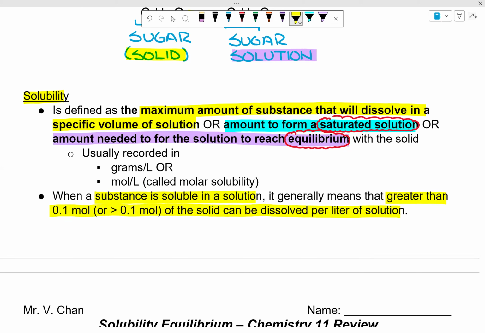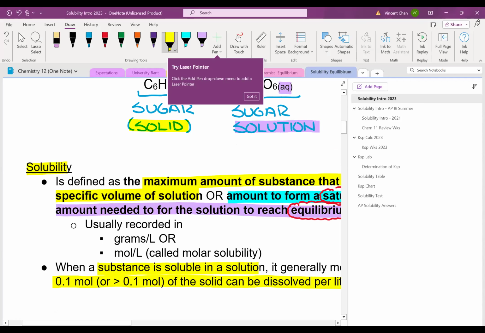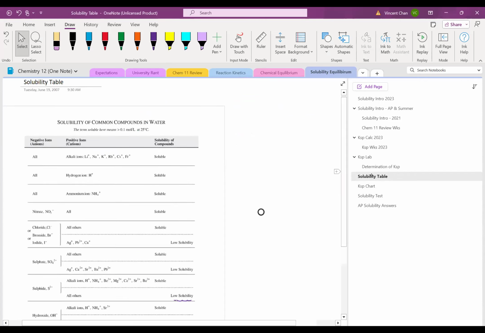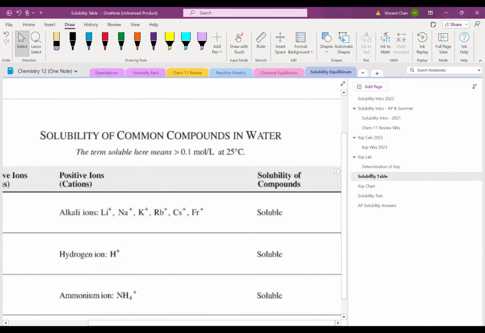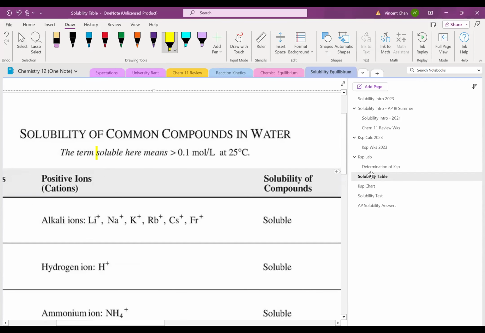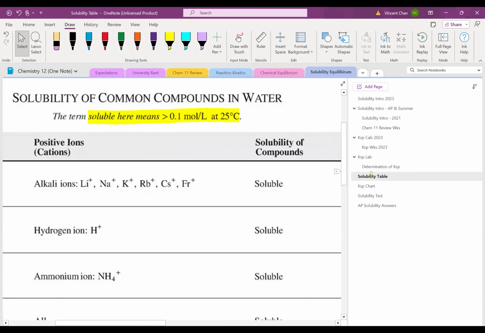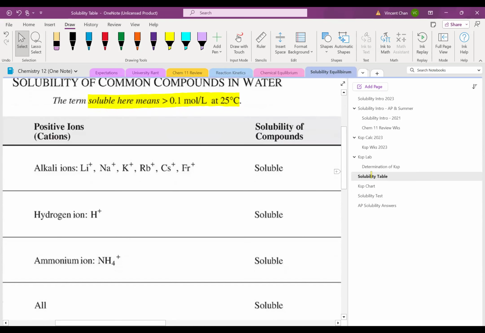I don't know if you were exposed to this back in chemistry 11, but if you look at your solubility table, the term soluble means greater than 0.1 moles per liter of solution can dissolve. So when you see the word soluble, it means you can dissolve more than 0.1 moles per liter of solution.